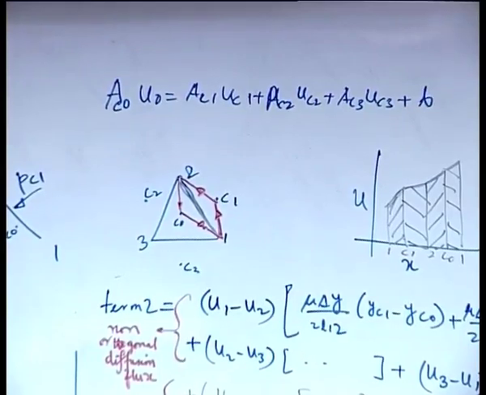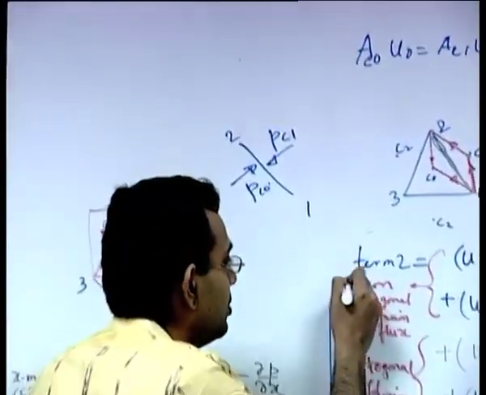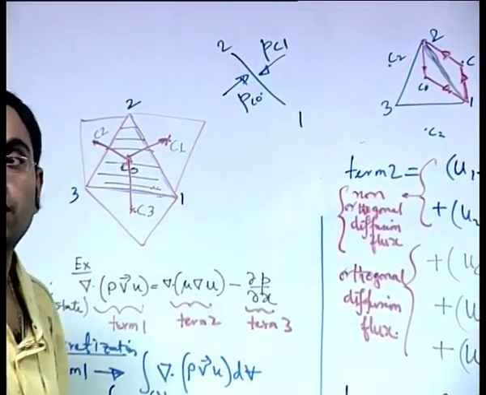One is to accommodate the pressure gradient term, other term is to accommodate the non-orthogonal diffusion flux.